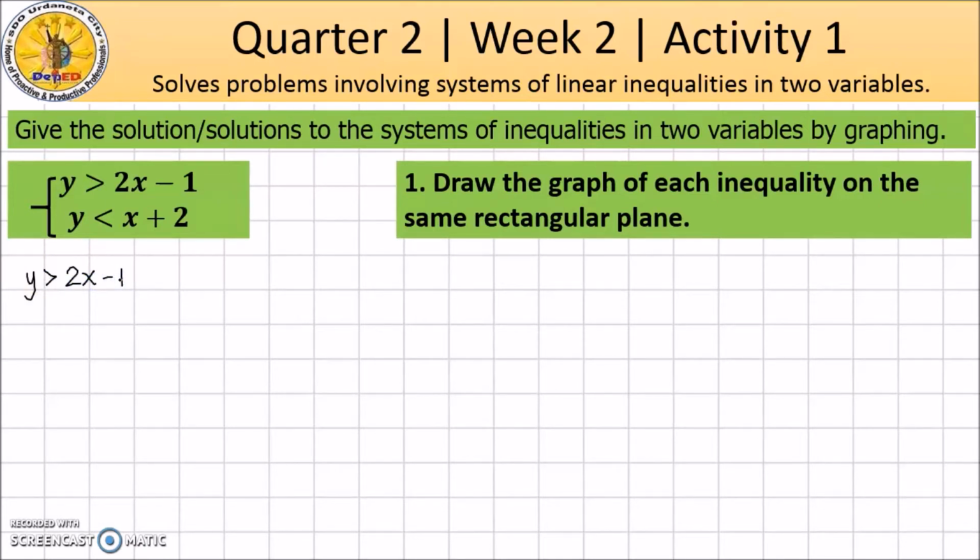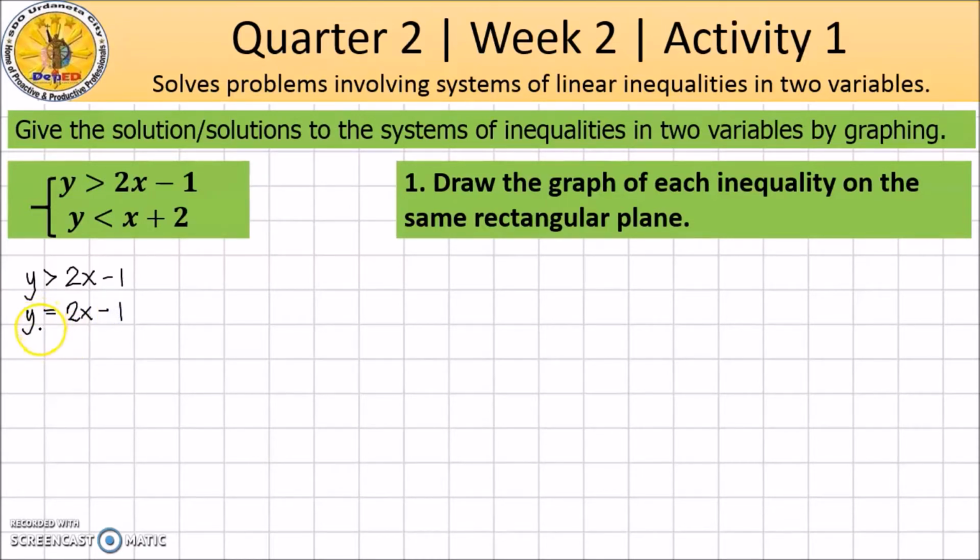Take note, to find the x and y intercept, we need to change first the inequality symbol to an equal sign. So we need to change the greater than symbol to an equal sign. So we have y is equal to 2x minus 1.